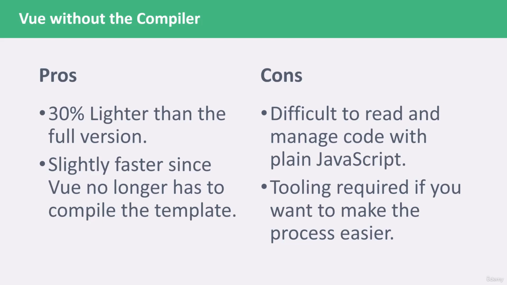The downside of using Vue without the compiler is that it's harder to read and manage without the proper tools. Fortunately, the development team behind Vue has made using Vue without the compiler simple. They have an official toolset we can leverage. This toolset gives us the performance boost of using Vue without the compiler. We'll be diving into how to use the proper tools soon enough. First, I want to take the time to explore with you the compilation process.